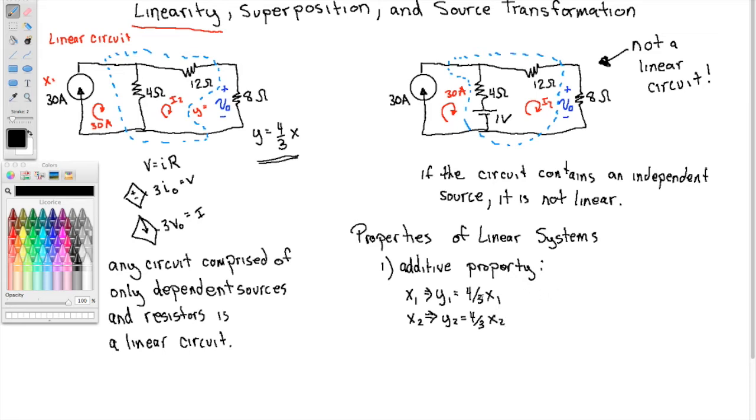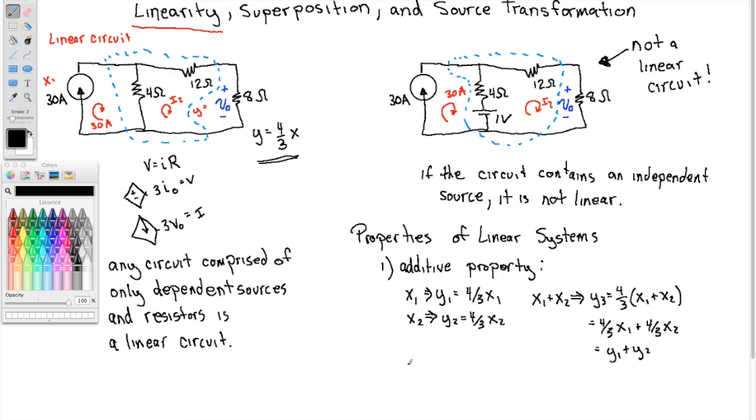And so if I put in the sum of those two things, I'm going to get out a third signal. It's going to be 4/3 times x1 plus x2. And if I distribute the 4/3 in, now this gives me y1 plus y2. So this is the math to say the following.